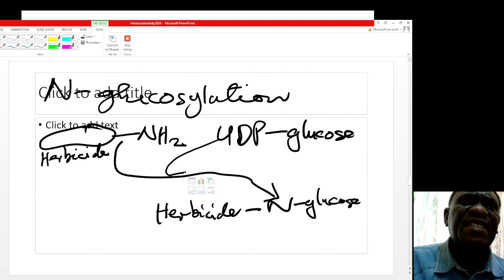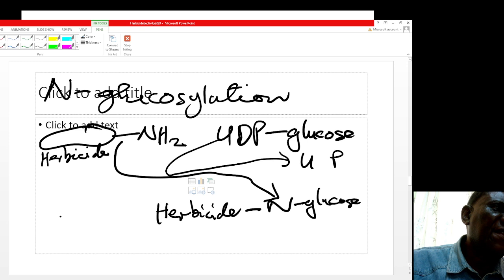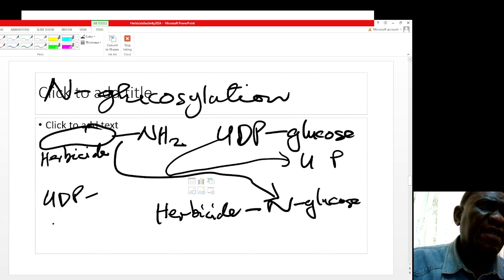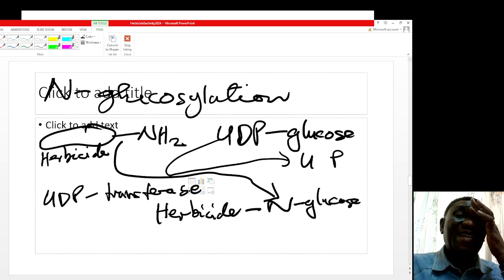This will donate glucose and leaves as UDP. And we have UDP transferase enzyme to catalyze this reaction.